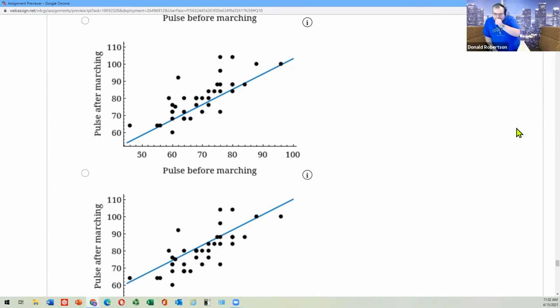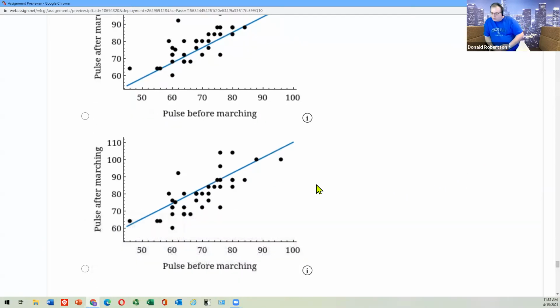Just visually, why is it bad? It isn't in the middle of the data. Yeah, would you agree there's more dots above it than below it? It's not in the middle. And do you know a best fitting straight line, kind of intuitively, shouldn't it be in the middle? You know, for that reason, would you agree I could kick out that bottom one?